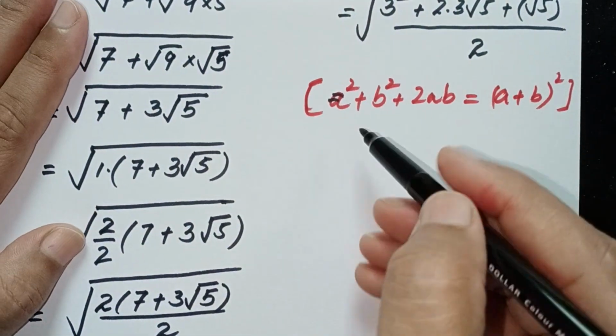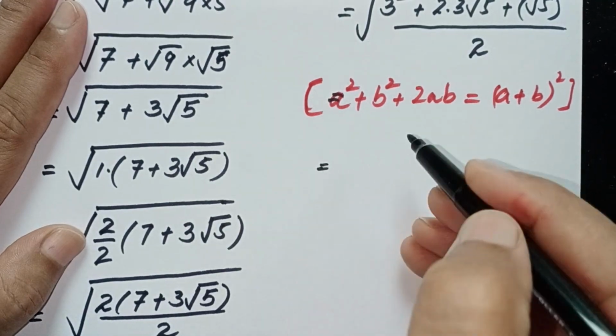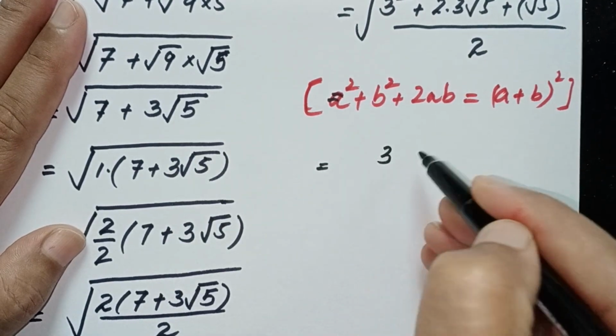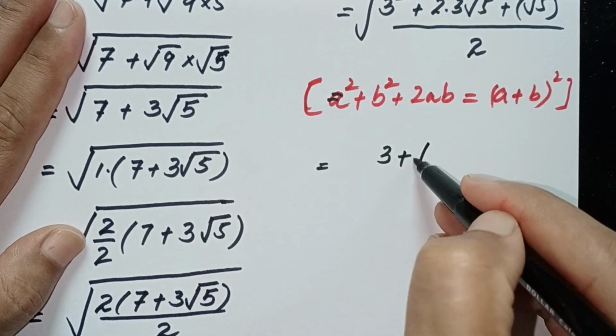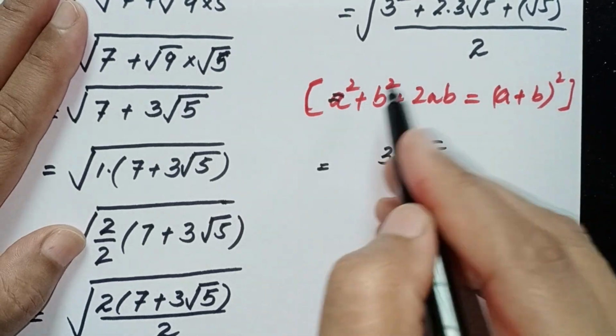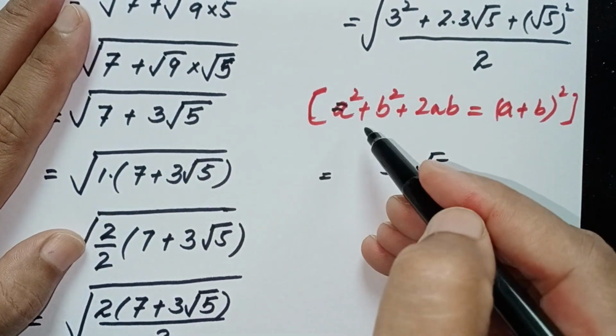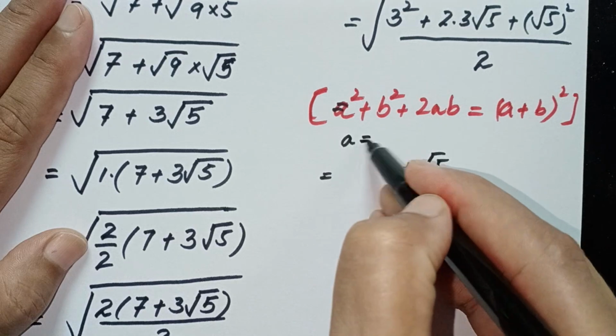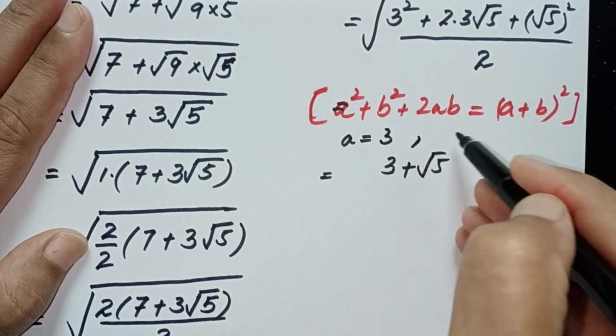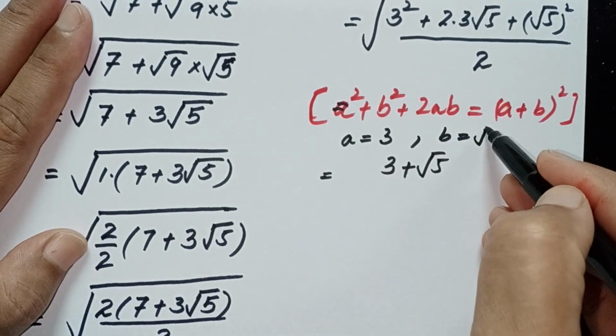So here, because 3 is a, our a is 3 and b is square root 5.